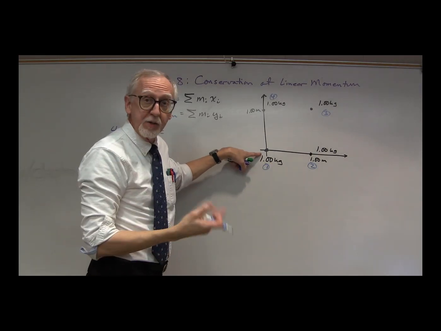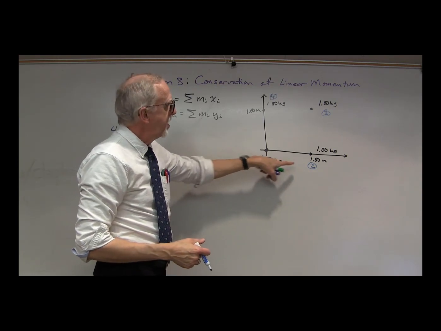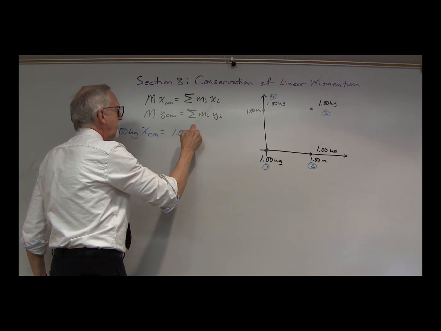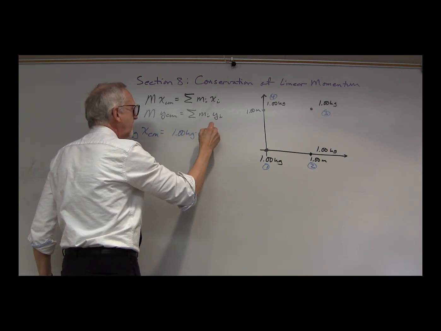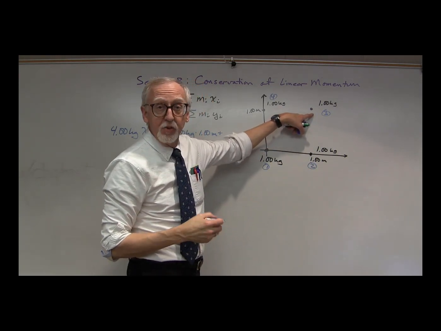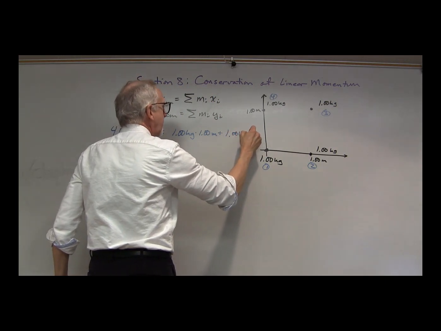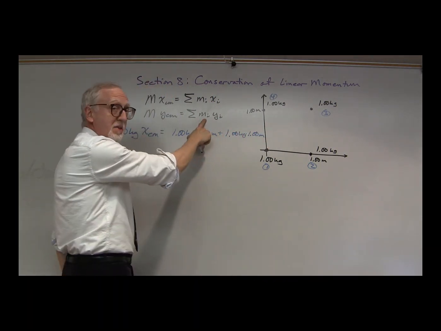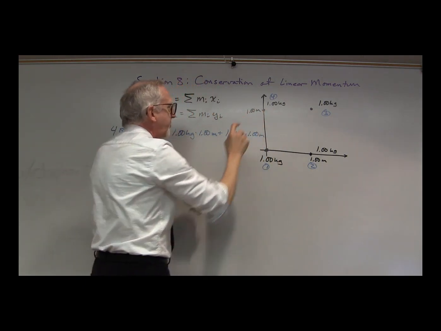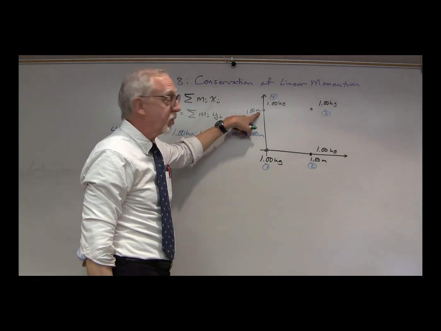It's at the origin, so x1 is 0, so that doesn't give us anything. We'll have 1 kilogram times 0. Then x2 is 1 meter, so we'll have 1 kilogram times 1 meter. Then x3 is also 1 meter, so we'll have 1 kilogram times 1 meter. That's the mass times x. And then x4, what is x4? Mass 4 is on the y-axis, so x4 will be 0 again.